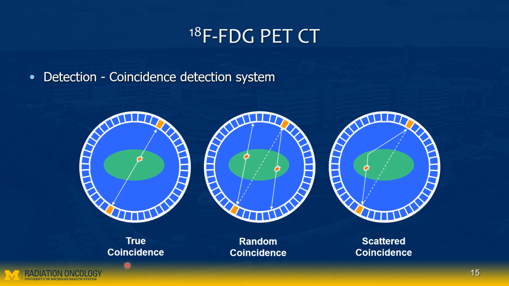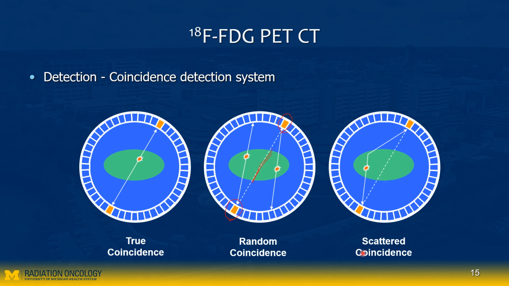But you can easily imagine that if two events happen, each emitting two photons in both directions, this detector and this detector can have a coincident event. But this is a random coincidence, not a true coincidence, because nothing happened along this path. So this is an error. This will contribute to the noise.